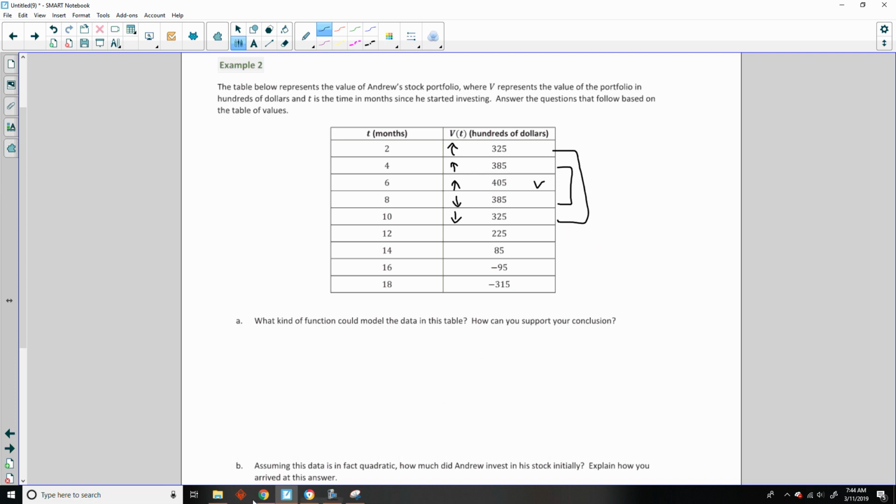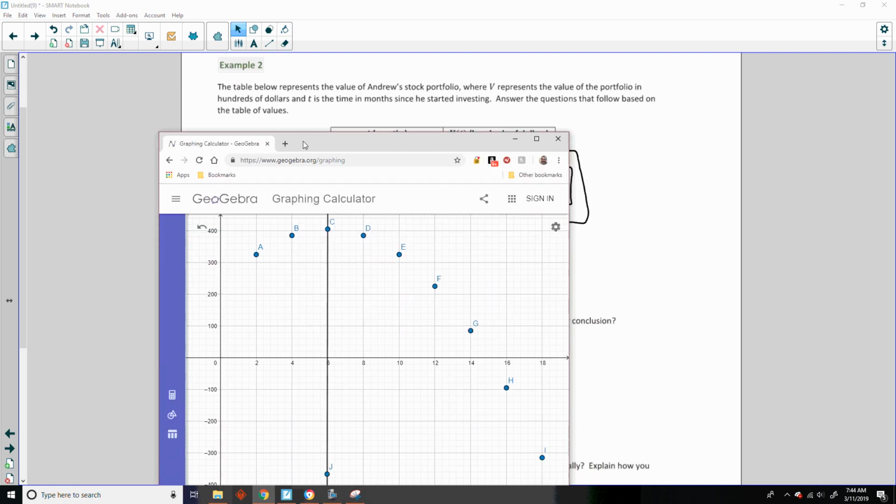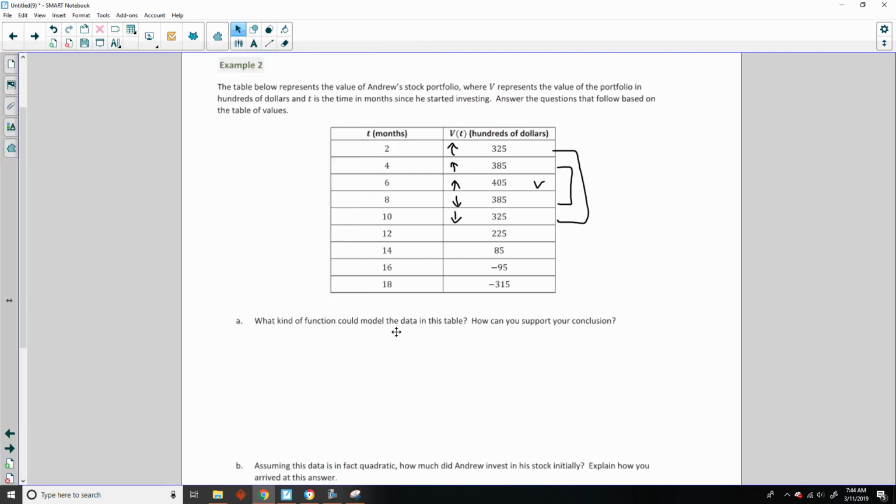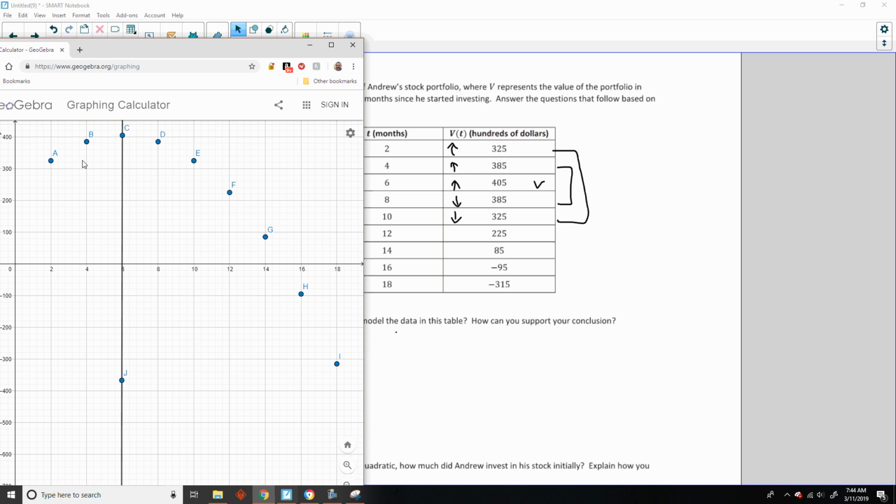So I graph this. And this is what the graph of those points looks like. Okay, so this is after 2 months, and we're at $325,000. Then 4 months, 6 months. This line right here I drew would be the axis of symmetry. C is our vertex, 406, 405.